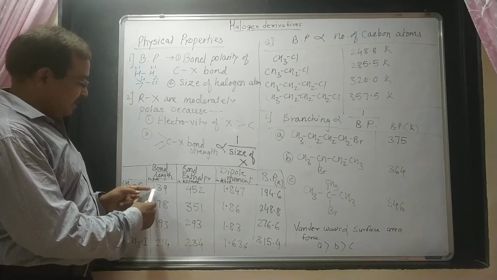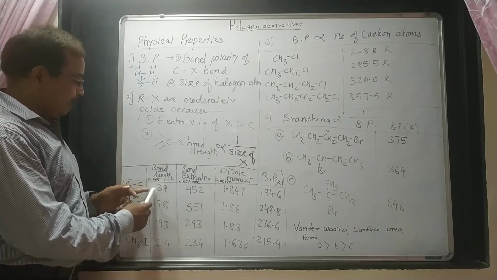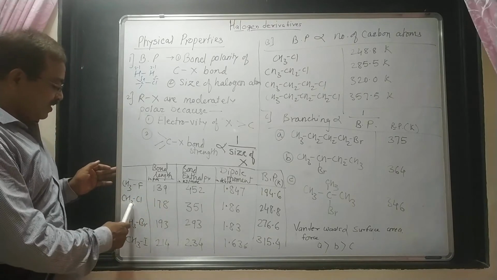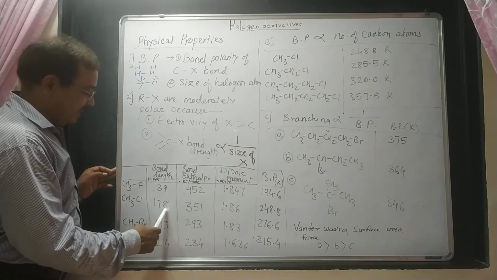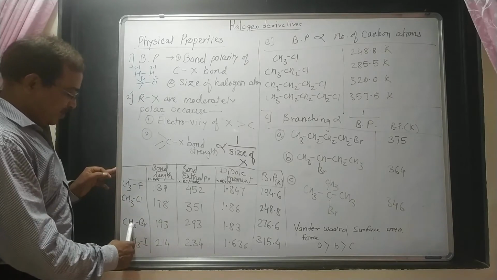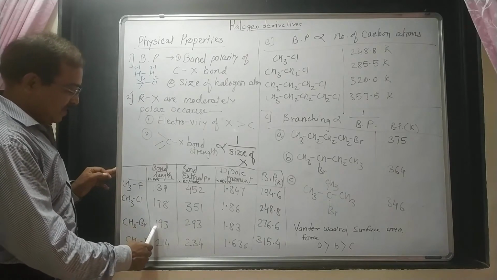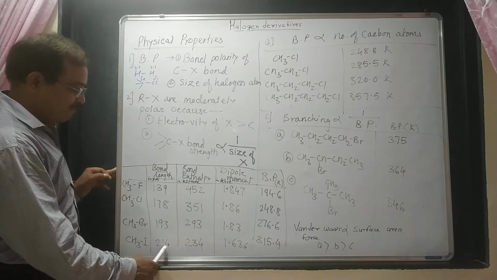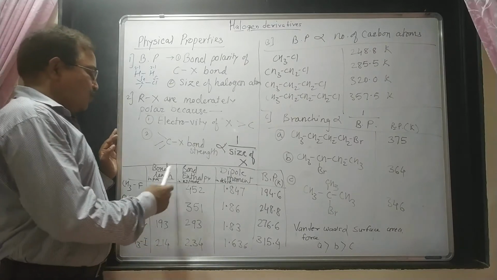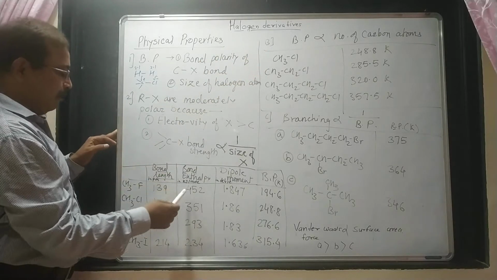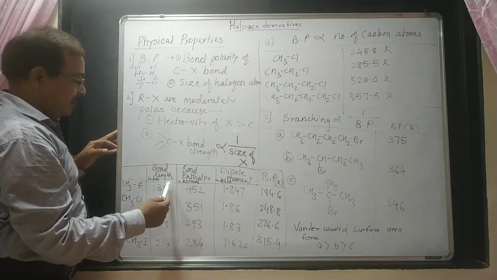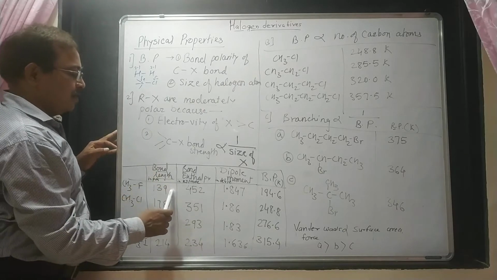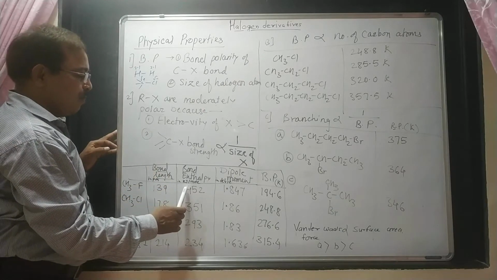Here the bond length is in picometers: C-F is 139, in CH3Cl 178 picometers, in CH3Br it increases up to 193 picometers, and in CH3I it is 214 picometers. The relation between bond enthalpy and bond length is again inversely proportional. The shorter the bond, the higher the bond enthalpy.